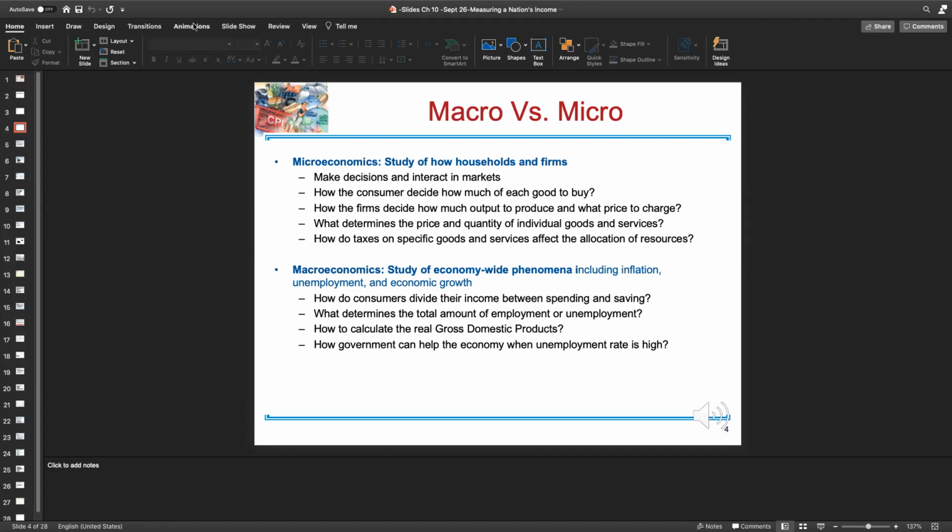How do we calculate real gross domestic product, and how can the government help the economy when the unemployment rate is high? So in macroeconomics, we talk about indicators such as unemployment, GDP, and growth rate, and how government policy can help decrease the unemployment rate and increase the growth of GDP.